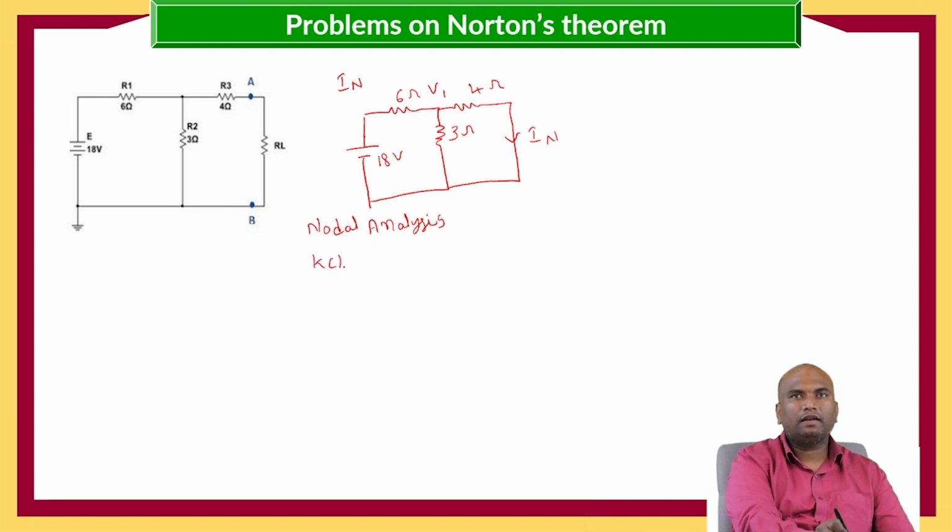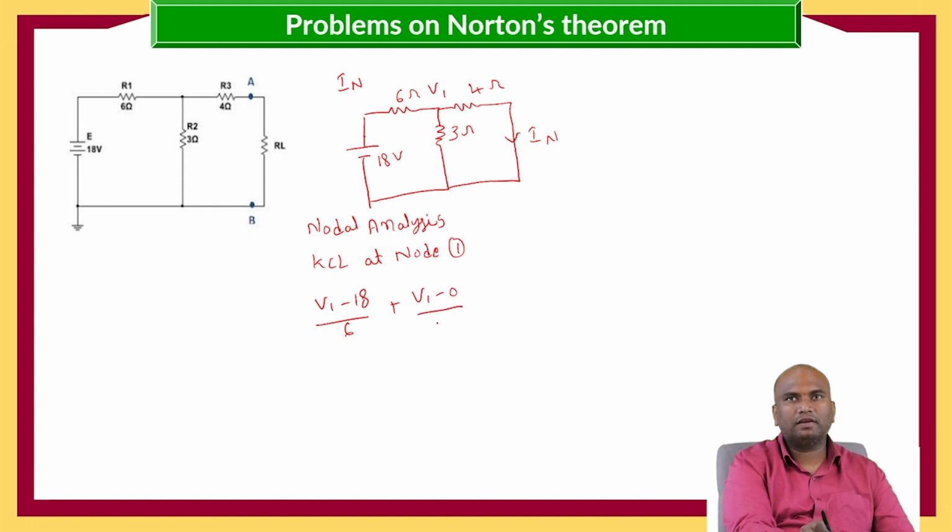KCL at node 1, that is V1 minus 18 by 6 plus V1 minus 0 by 3 plus V1 minus 0 by 4 is equals to 0.